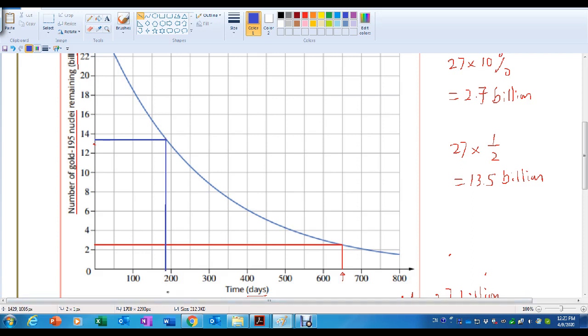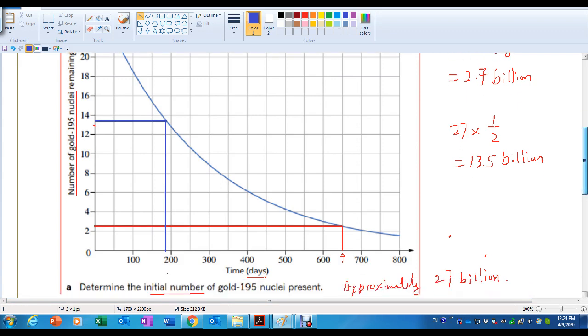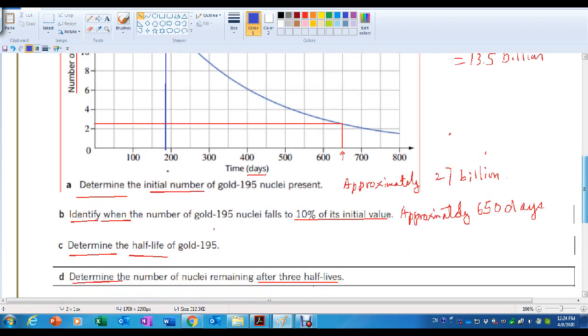It should be around, let's say, 180 days.